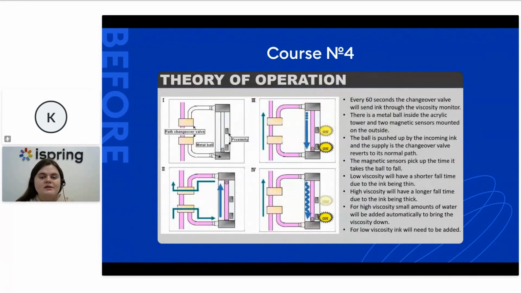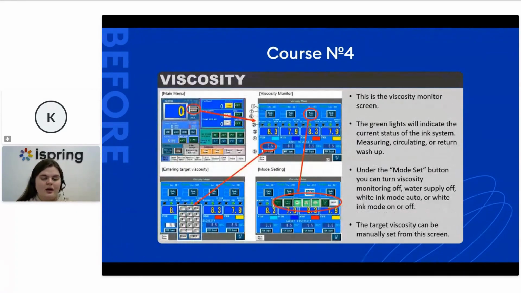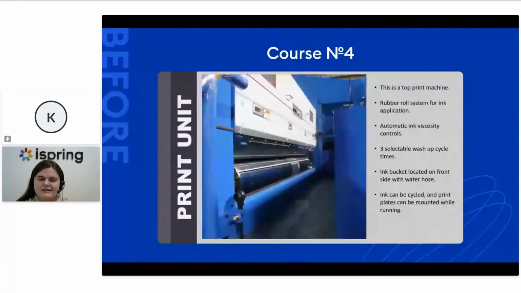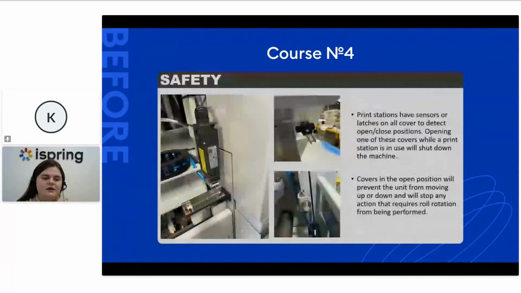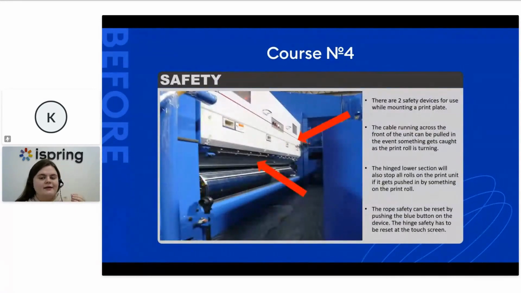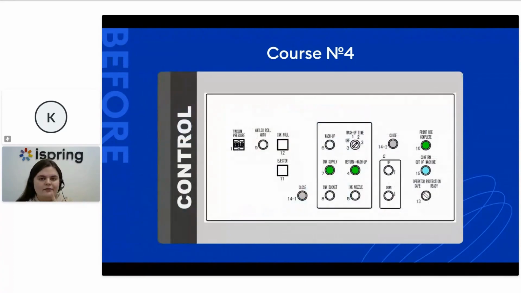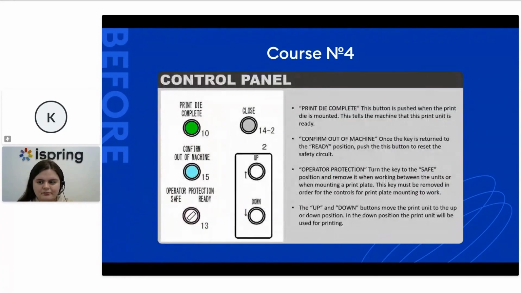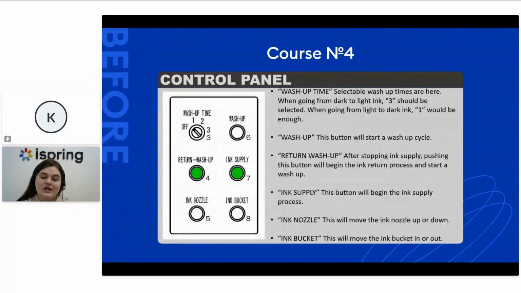It is also important to work on the text in this course, because right now black text on the gray background is not good enough, since there's not enough contrast. So let's move on and see how we changed this course.